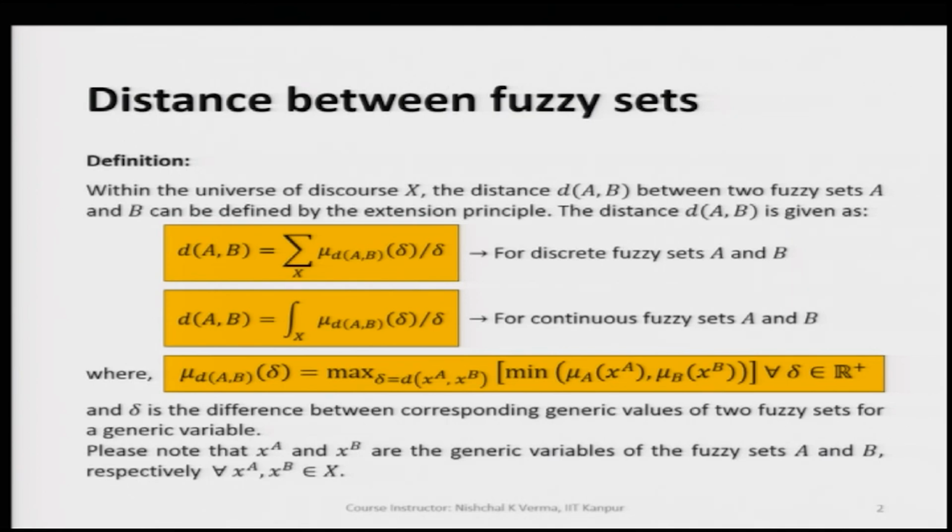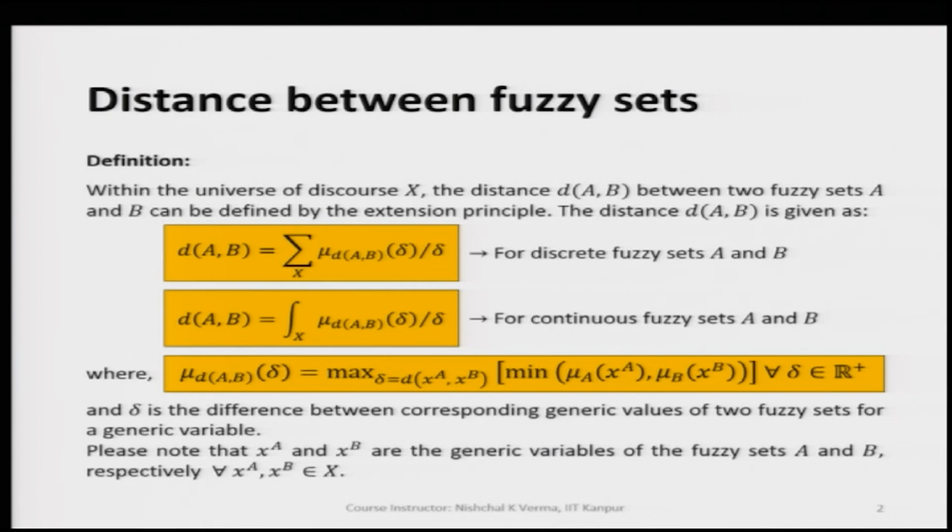So, before I move to the example, I would quickly go through the formulation. As I mentioned earlier, when we find the distance between two fuzzy sets, let us say A and B, this distance value is fuzzy, and this is represented by a fuzzy set.